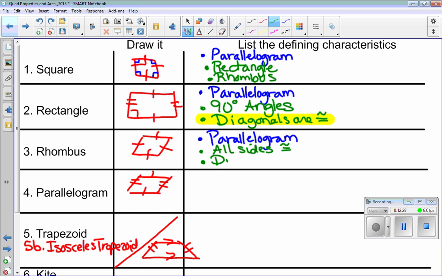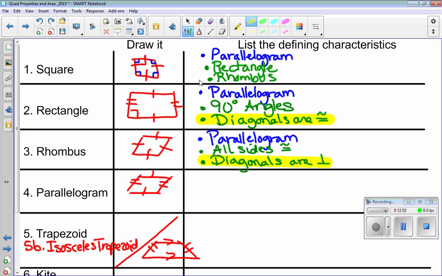The diagonals are perpendicular. That happens in another one of these things as well. There are a couple of things that have perpendicular diagonals. A couple of them. Okay.